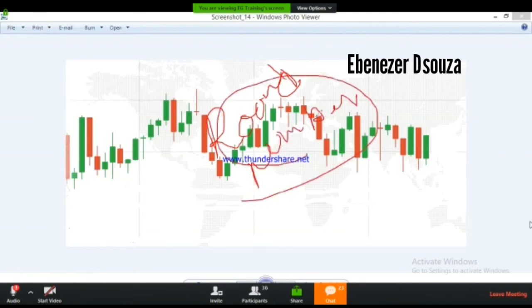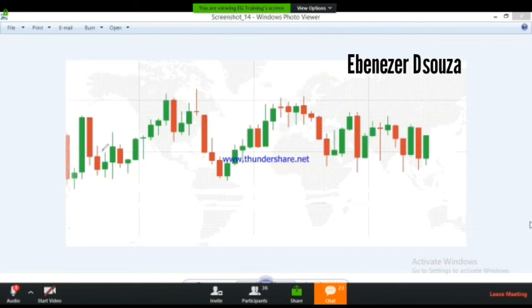A round number. So this is a round number, and this is a buyer's area. We are seeing a buyer's entry from this level.